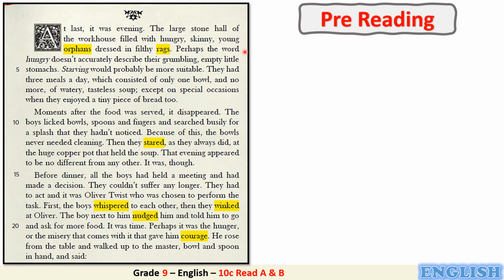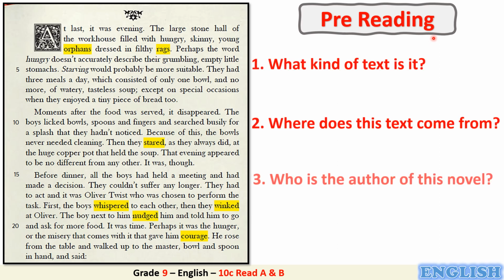Okay, my students, this is the text of our lesson today. And here we have some pre-reading questions before we start reading. Question number 1. What kind of text is it? Very good, my students. It's a literary text.